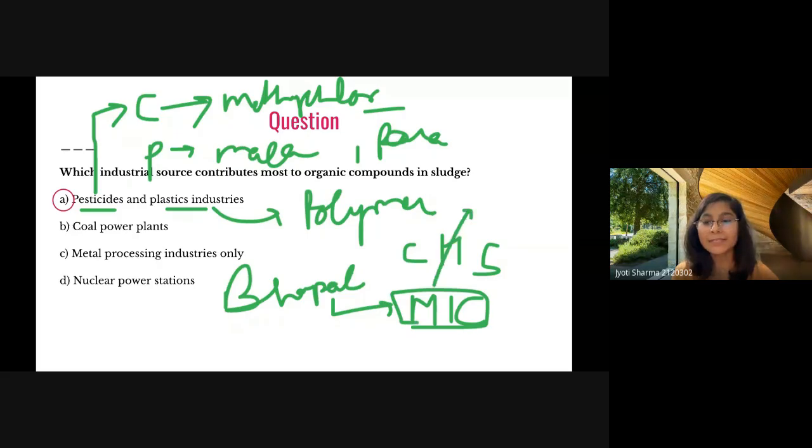And this MIC is part of the carbonyl based pesticides, right? So I just want to tell you that we have pesticide that is made up of organic compound, isocyanate, yes. And plastic, so can you tell me one polymer of plastic? One polymer anyway.